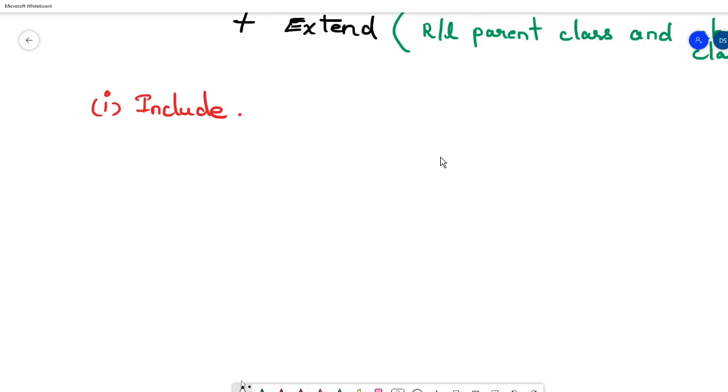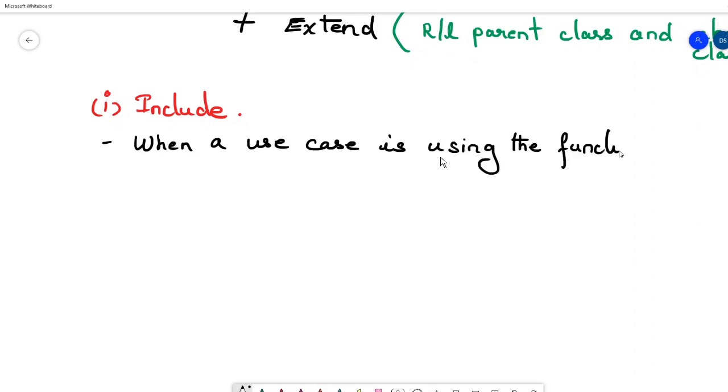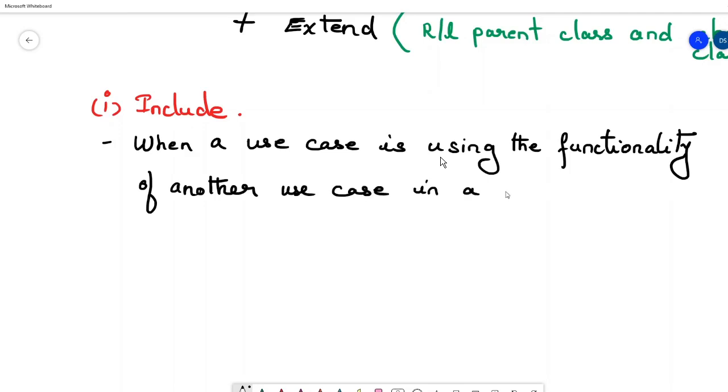We can say that include is when a use case is using the functionality of another use case in a diagram.